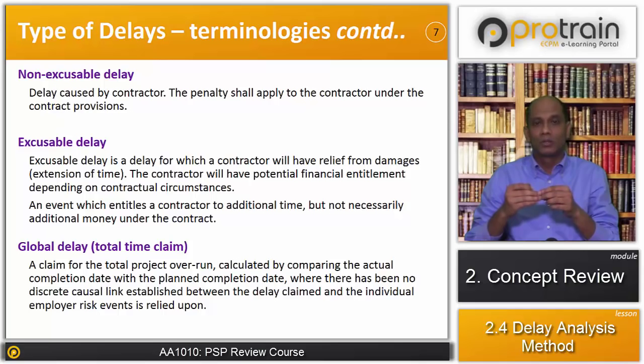In that scenario, if it is excusable delay, then the contractor will be granted extension of time for the 1 month, and he will not be penalized any liquidated damage. It is possible that the contractor will have a potential entitlement to payment depending on the contractual circumstances.